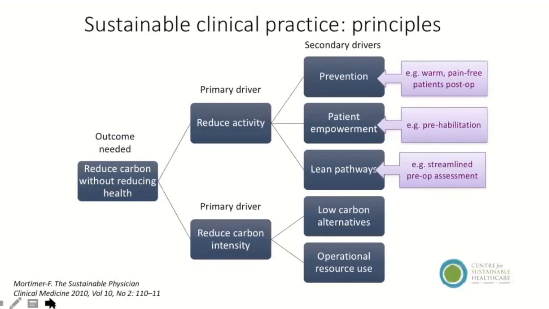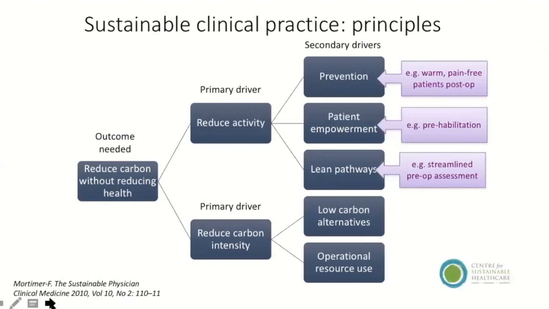One is where you have clinical options available, whether that's for investigation or for treatment, where we've got more than one option available, appropriate, effective, and you can choose between them. One of them may be environmentally and or socially preferable. So the classic example of this is in metered dose inhalers.